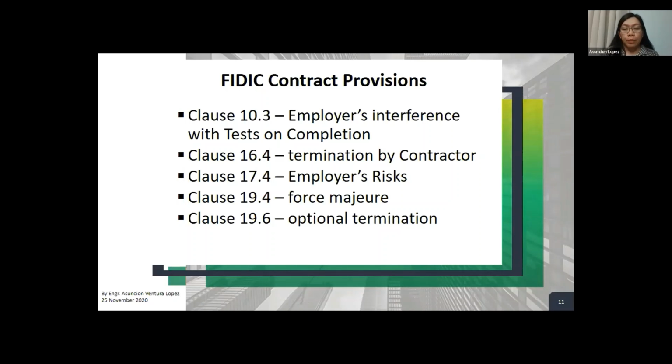If there's a termination by the contractor, employer's risk or any events under employer's risk, force majeure. Now in FIDIC, as I mentioned earlier, force majeure is an excusable event, but it is not a compensable event. And then 19.6, optional termination.